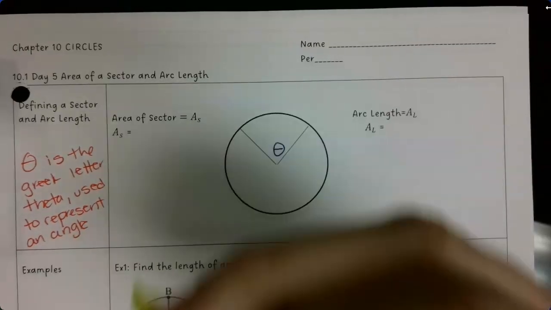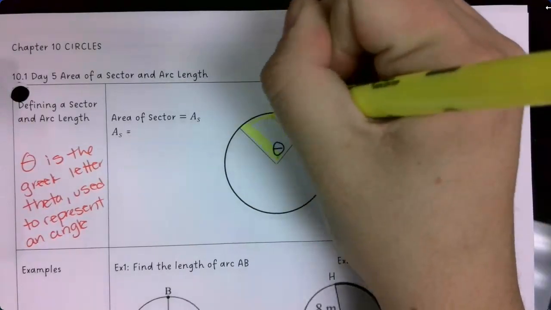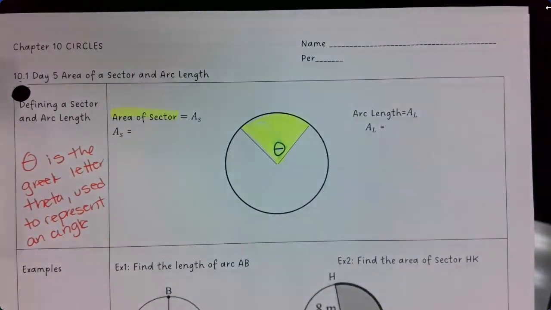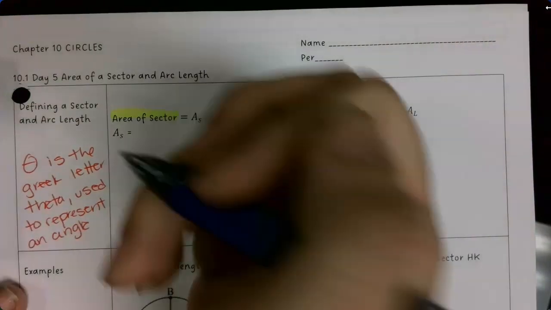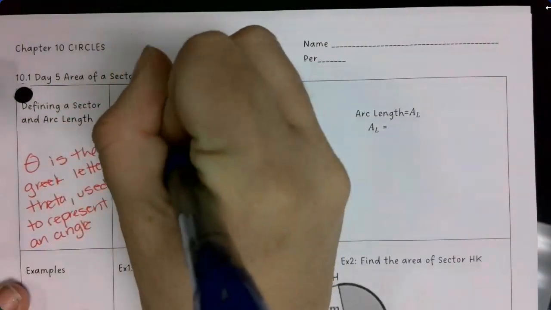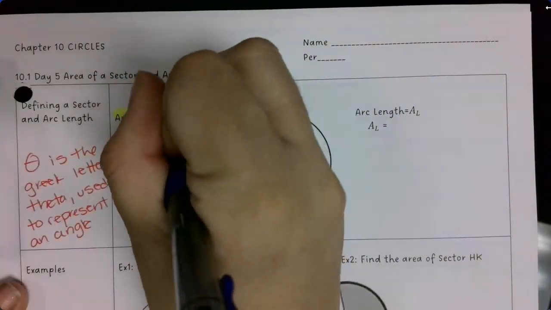Okay, so if I'm asked to find the area of the sector, which is this pizza piece, so the region inside, the formula for this is theta over 360 times pi r squared.